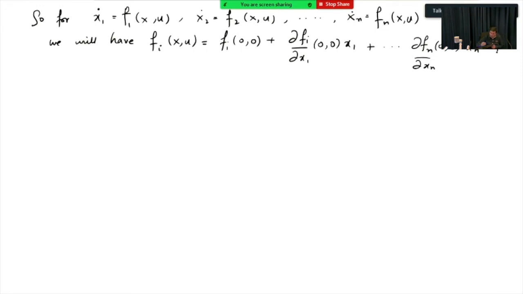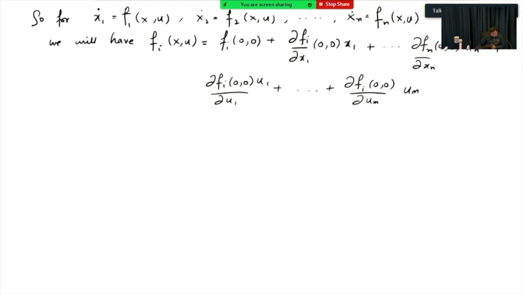Plus there's also the input, so we will have curly fi over curly u1 at 0, 0 times u1, plus so on, curly fi over curly um at 0, 0 times um.